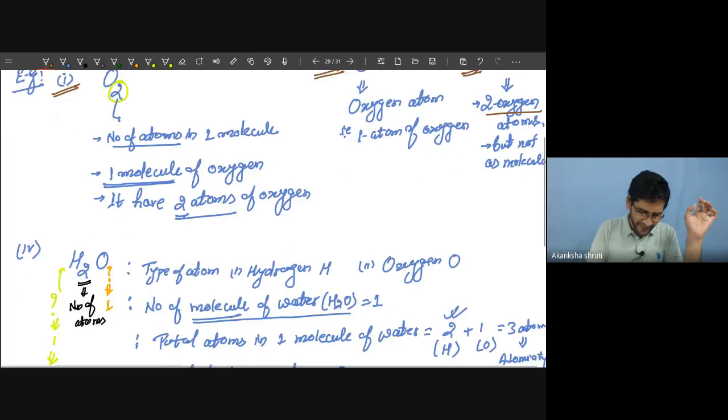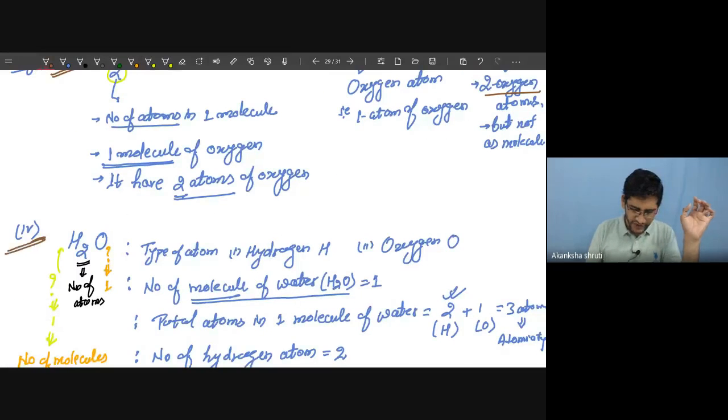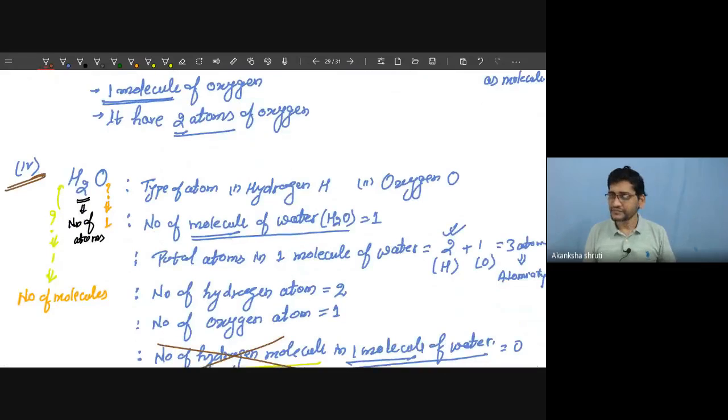Okay, if I am considering H2O, for this H2O we have learned that it is only one molecule. Nothing is written before this H2O, meaning the multiplication factor is 1. The type of atoms can be determined by looking at the formula.